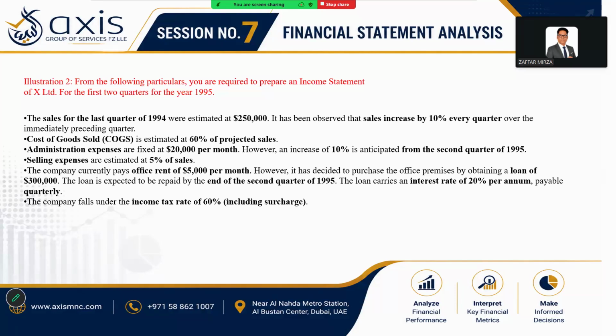Please, we are preparing the income statement per quarter. Means 20,000 per month multiplied by 3. However, an increase of 10% is anticipated from the second quarter. Means 60,000, and again you have to add 10% to that, not 10% of 20,000.